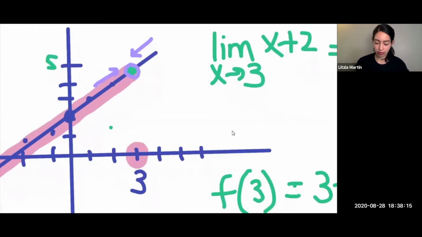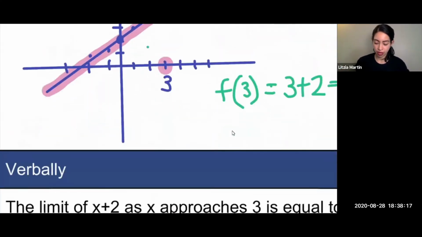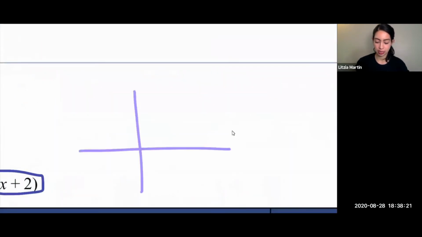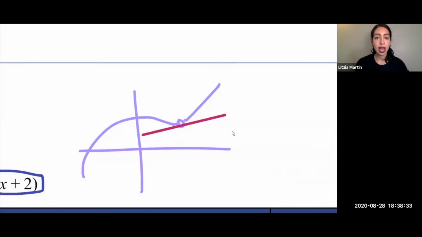I can draw a little curve and we can imagine what I'm trying to explain here. If we had a hole there and we wanted to figure out the slope of the curve at that specific point, and it's a hole, right?